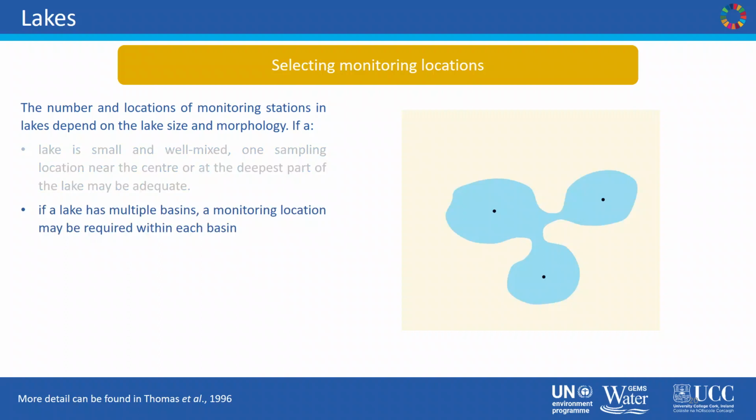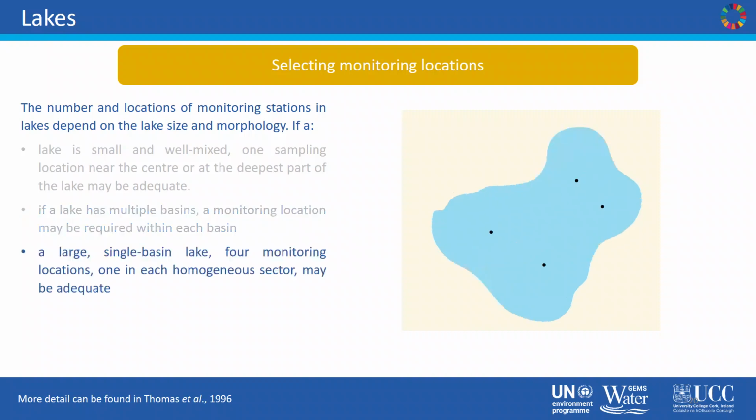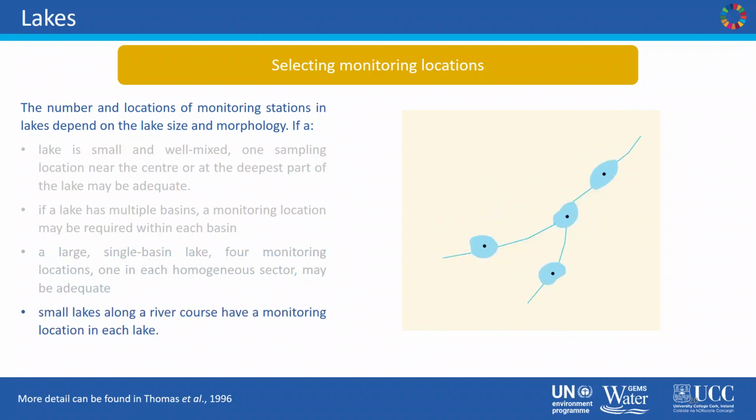If a lake has multiple basins, a monitoring location may be required within each basin. For a large single basin lake, 4 monitoring locations, 1 in each sector, may be adequate. And if lakes, for example, are arranged along a river course, having a monitoring location in each one would be needed.